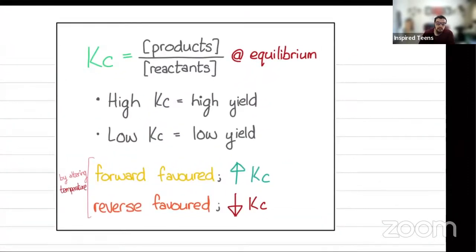Now, Kc, let's go through the concept of Kc. Kc is an equilibrium constant. It is the equilibrium constant.